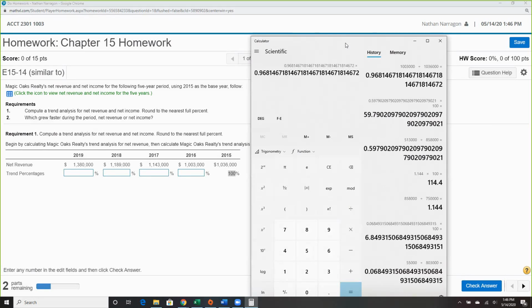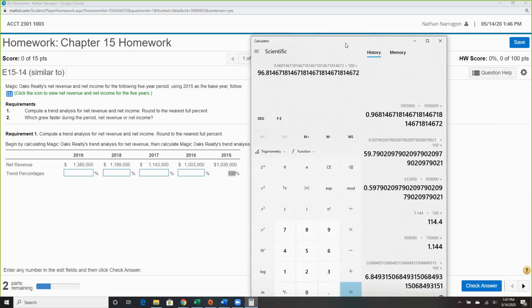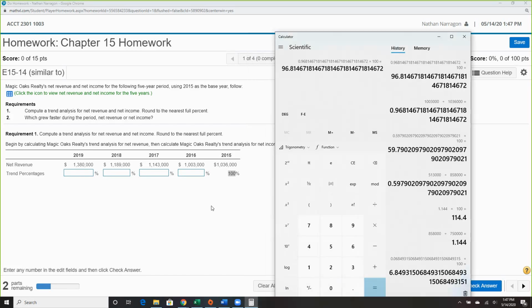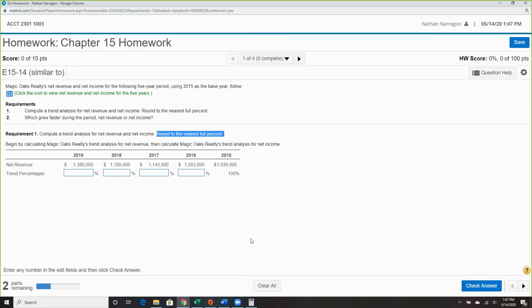And of course, to help you with percentage, times it by 100. So again, long decimals. Typically, we're going to just do 1 decimal place, though it doesn't say how many decimal places, oh, it actually does. There it is. Round to the nearest full percent.